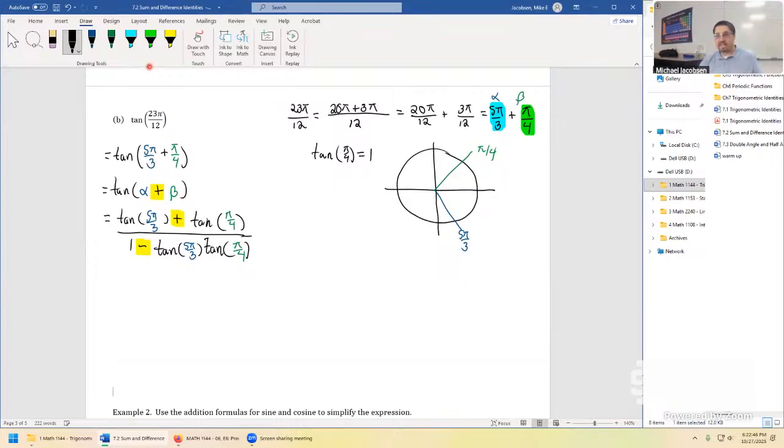That one equals 1 because it's sine divided by cosine, and both values are square root 2 divided by 2. Tangent 5 pi over 3 probably takes just a little bit more work. Let's work that one out carefully. Tangent 5 pi over 3 is going to be the sine value in the numerator.